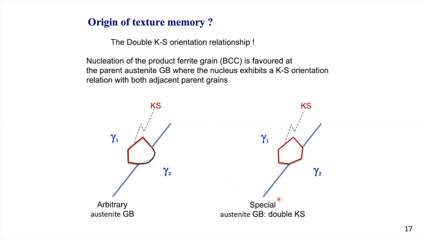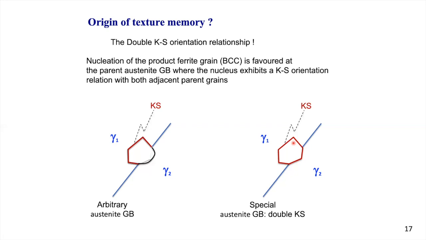However, for a small minority of parent austenite grains, the two neighboring austenite grains are by coincidence such that this specific orientation relation can be fulfilled at either side of the boundary. In that case, we speak of a double KS orientation relationship. So this is not a general property of austenite grain boundaries. It is a property of only very special austenite grain boundaries.